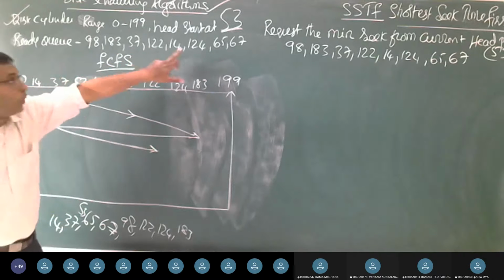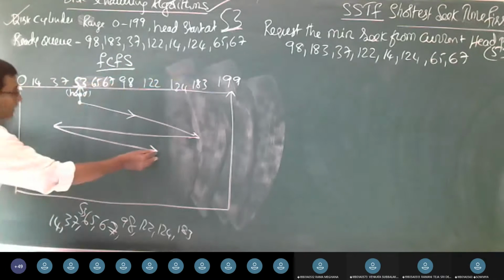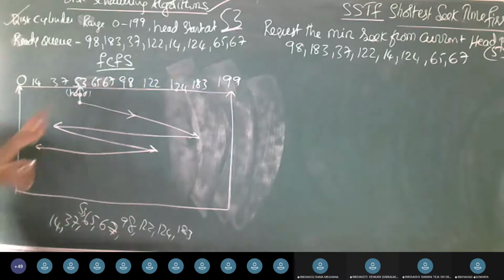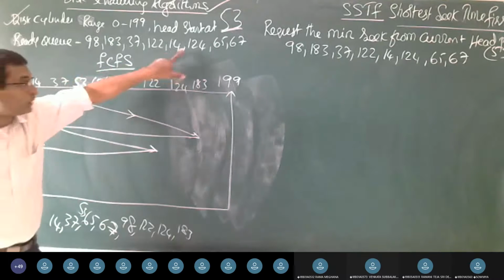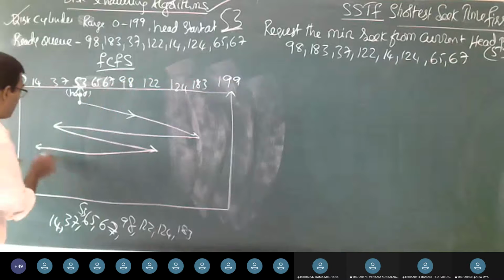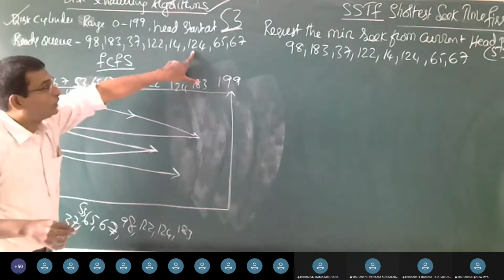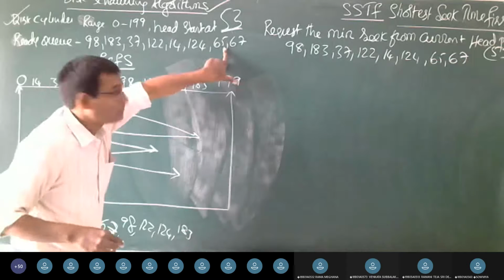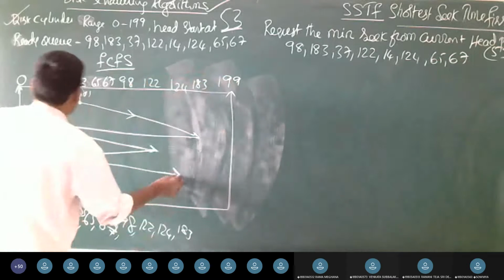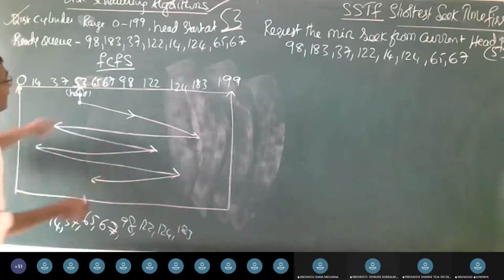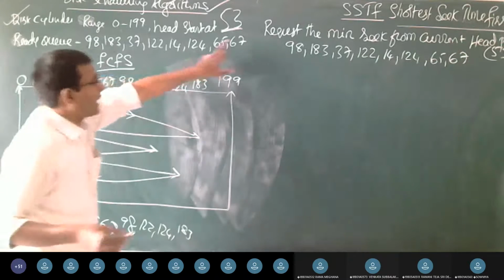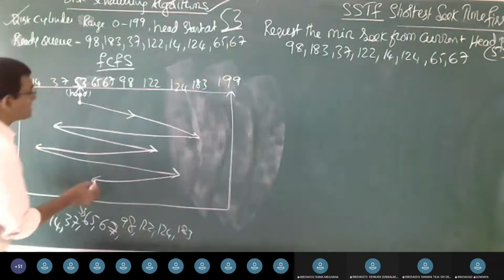After 122, the request was 14. Then it goes to 14. After 14, the request was 124. So it is going to move to 124. After 124, the request was 65. Then it is going to move to 65, and thereby it is going to end up at 67, which is the consecutive element.